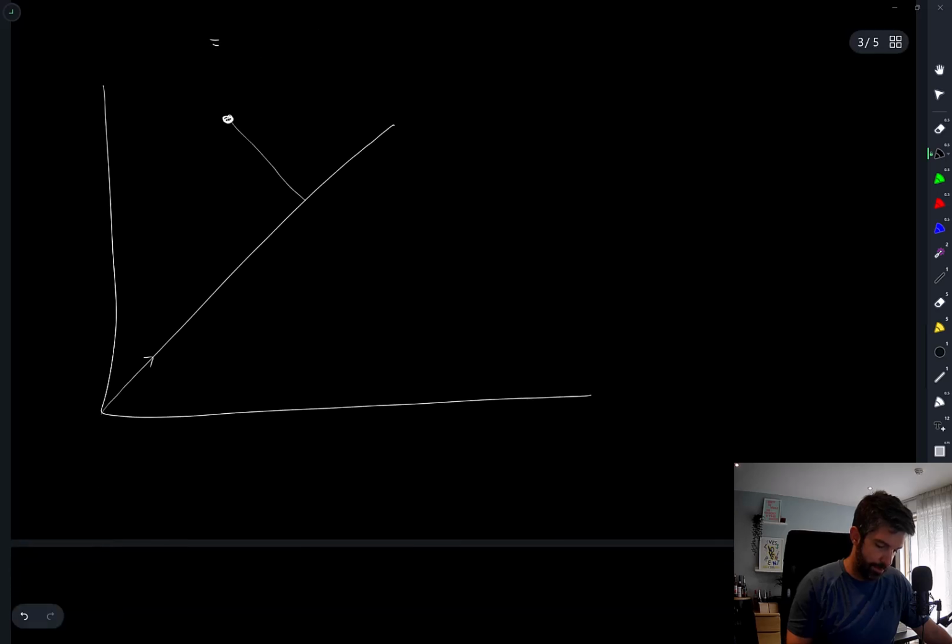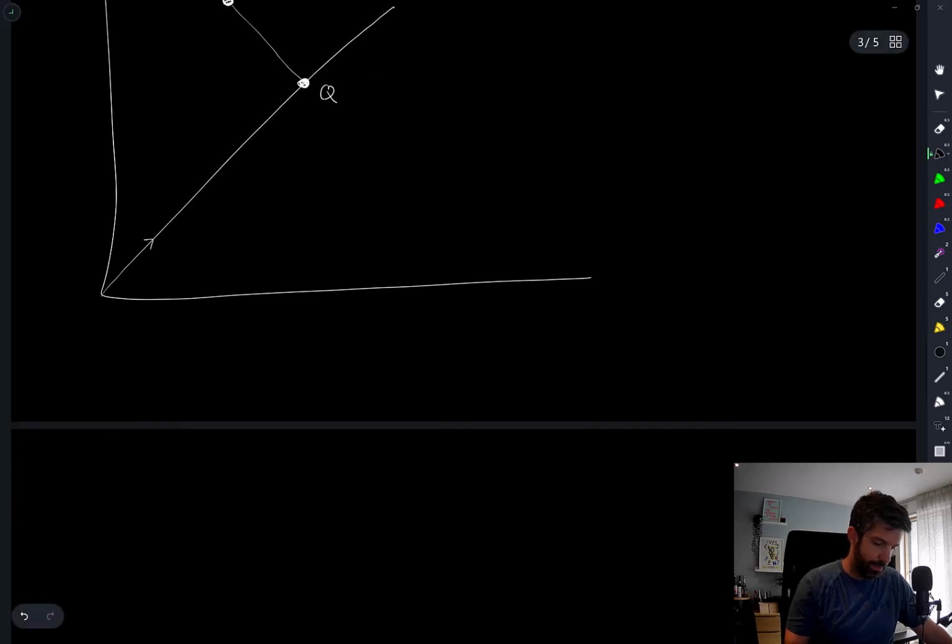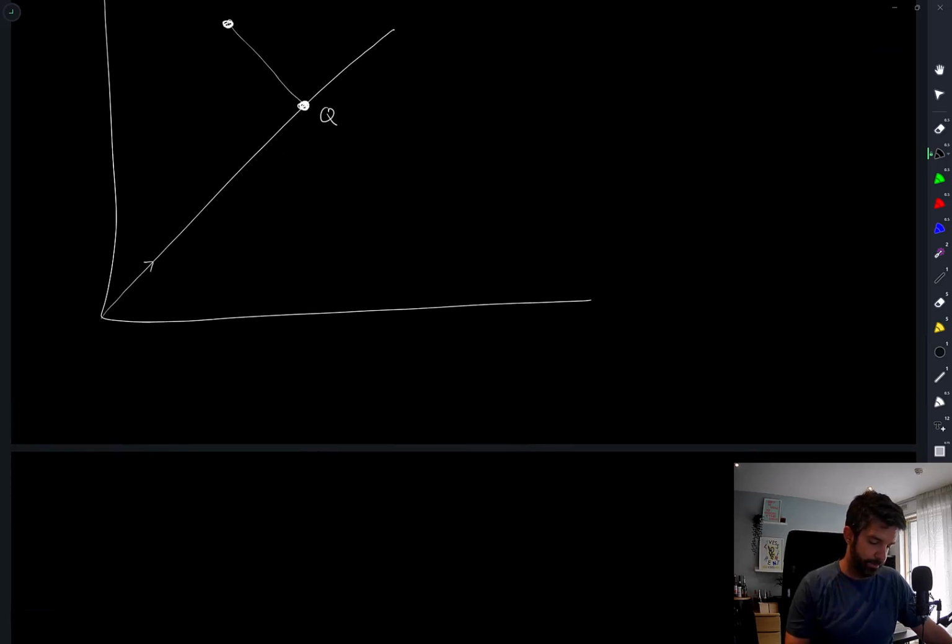So I have this point here. I'm going to call that Q. It's kind of like our new target.